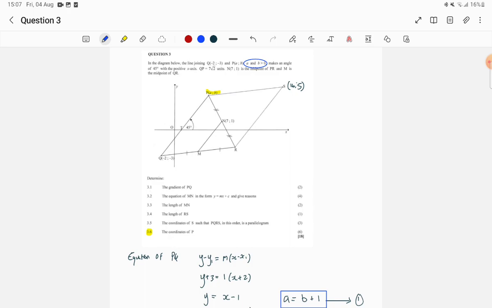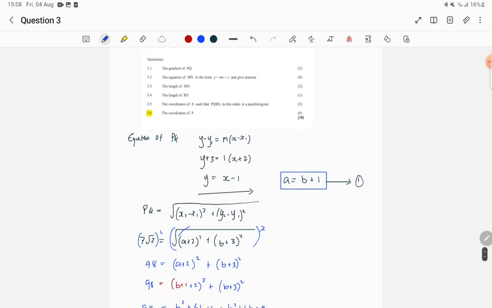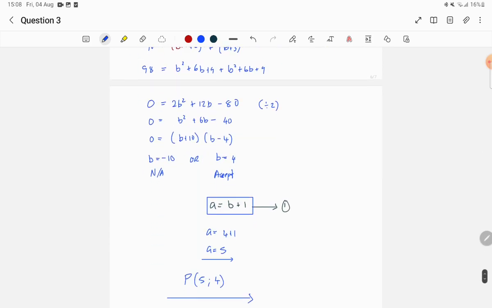The other technique you could have used is to construct a 90-degree triangle between P, Q, and potentially M here or somewhere here, and thereafter use trig to get your corresponding a and b values. But I would say this is the way with the least complications. Maybe a bit longer, but yeah. So we get our P, which is 5 and 4.